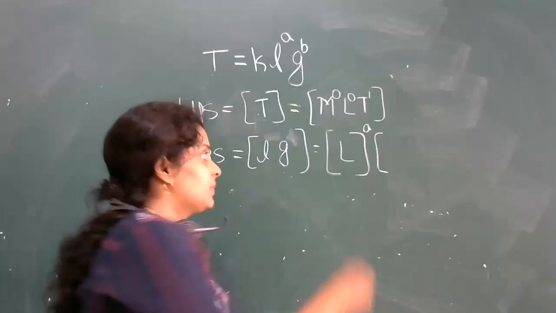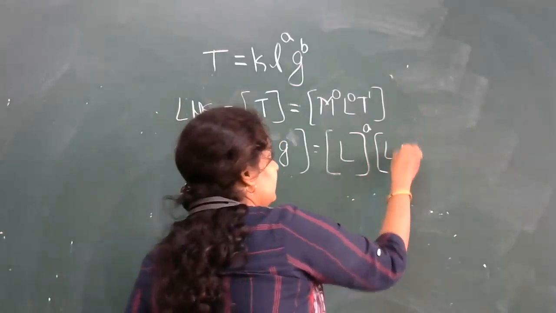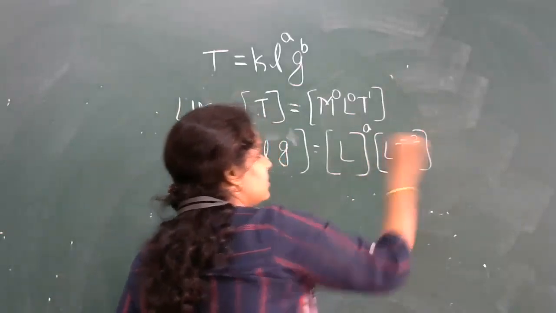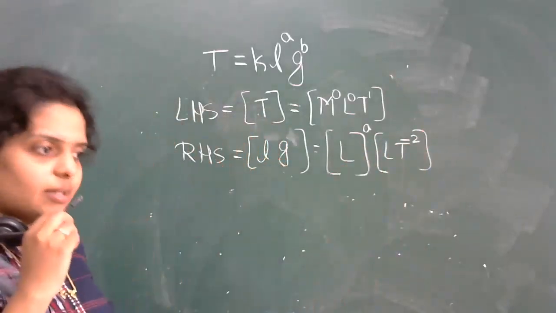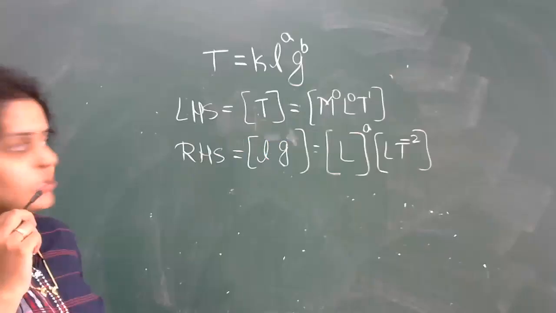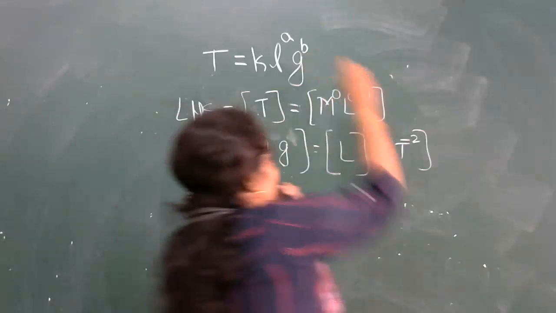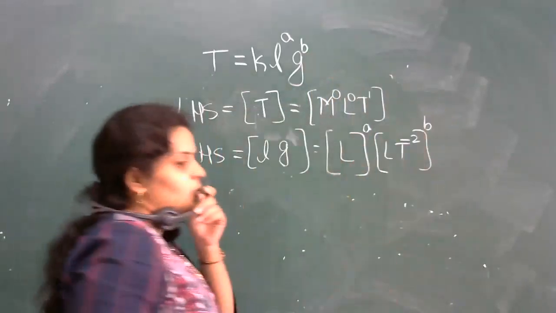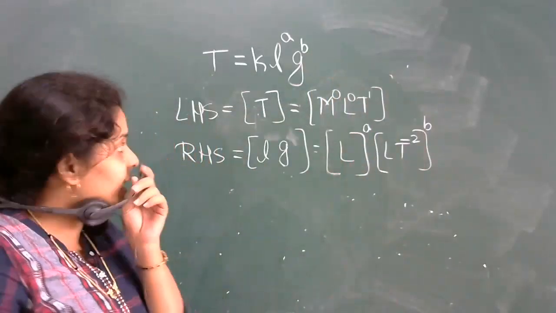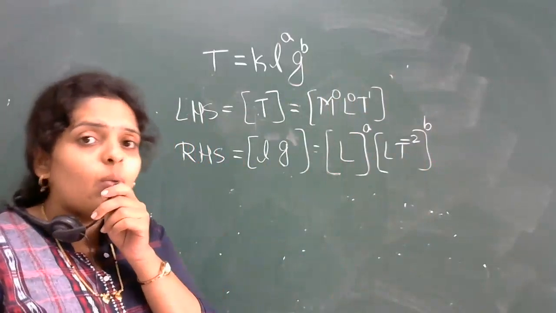Fast. It is nothing but L T raised to minus 2. Correct? Yes. So that is M raised to 0, L raised to 1, T raised to minus 2, to the power what we have? B. To the power B here, right?